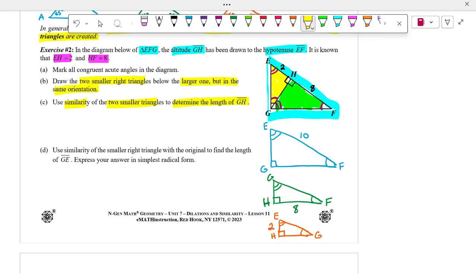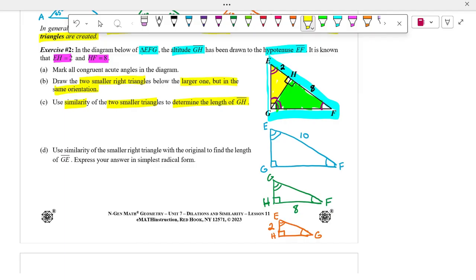Let me ask you this. If we look at the original before I separate them all, what's true about GH between the two little triangles? It's the altitude. Now, what's also going to be true about it for both triangles? So GH here and GH here. They're going to be what? Reflexive.